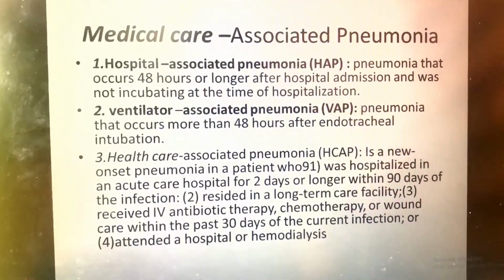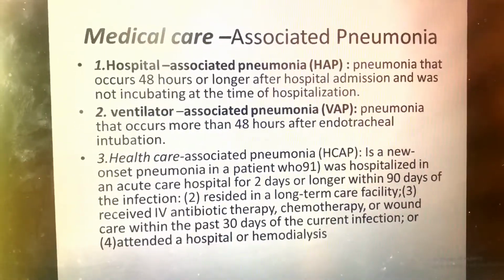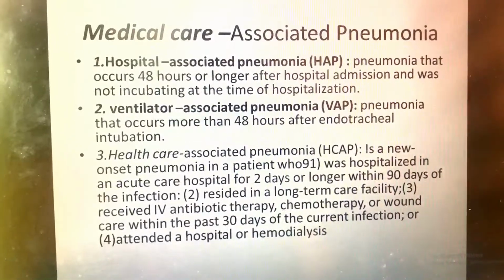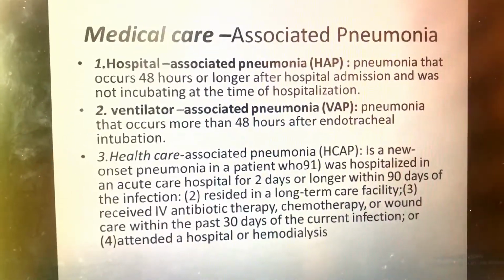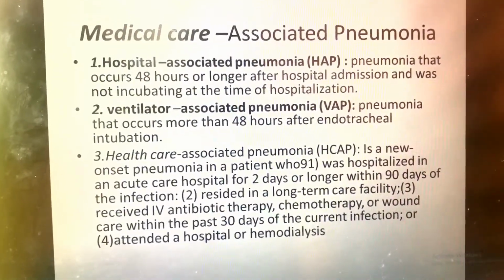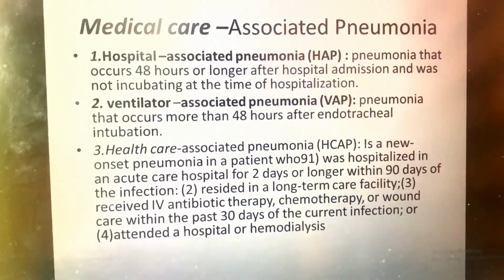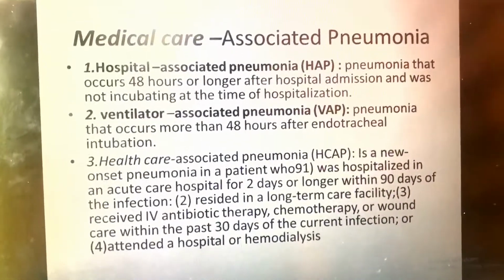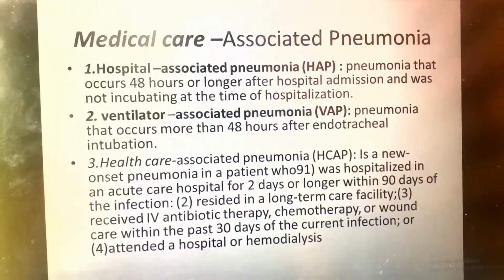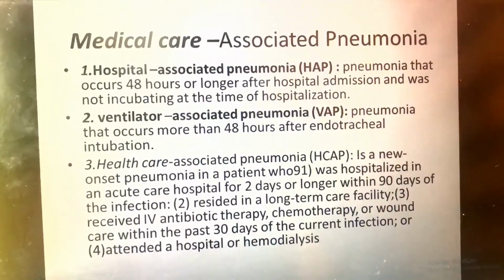Now, ventilator-associated pneumonia. This is a pneumonia that occurs often 28 to 48 hours after endotracheal intubation. The endotracheal intubation is what I told you about for the client with respiratory distress.